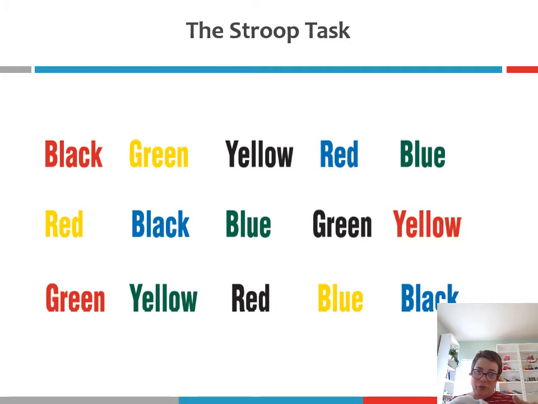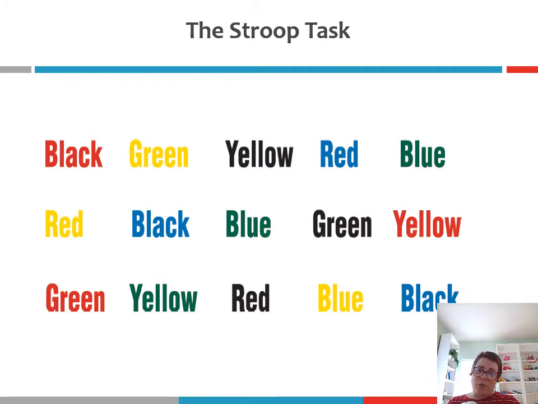So most of you, when you were doing this task, would start out by saying black and have to correct yourself and say no, red. And you might have gotten a few of them right. So you might have said red, yellow, black, blue, green, right? But chances are at least once or twice you would say the word that's denoted, or the color that's denoted by the word, rather than the color of the ink, right?